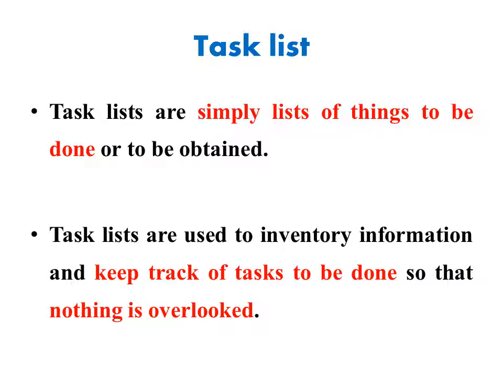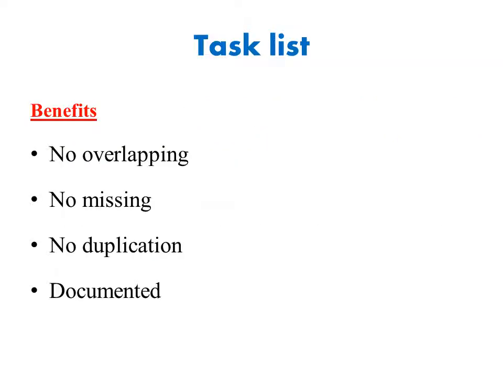What I mean is each person knows what he is gonna do. So there's no overlapping, there's no missing items that nobody does. As we see from the definition, what is the benefit of a task list? No overlapping, no missing, no duplication, everything is documented already.